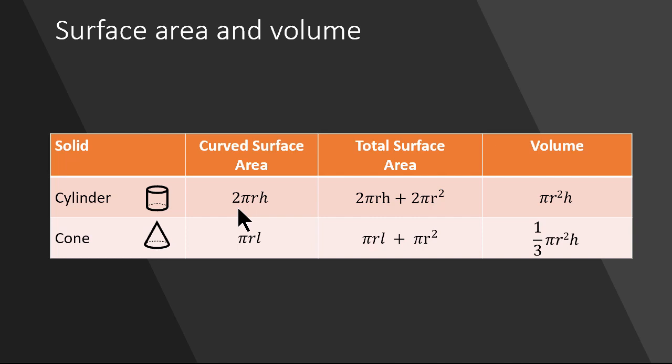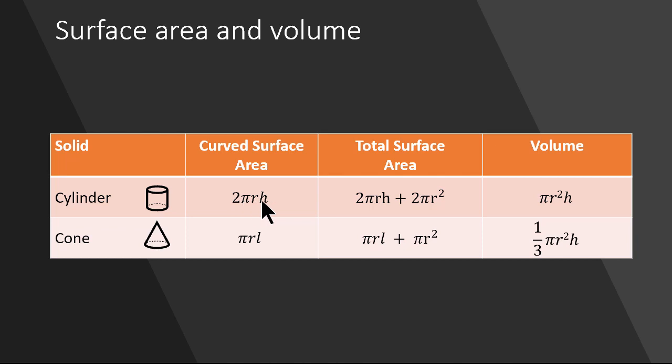Let's look at the curved surface area of cylinder first. The curved surface area of cylinder is given by 2 pi rh, where r is the radius and h is the height. You can think of curved surface area as the circumference of the base, 2 pi r, multiplied by h.